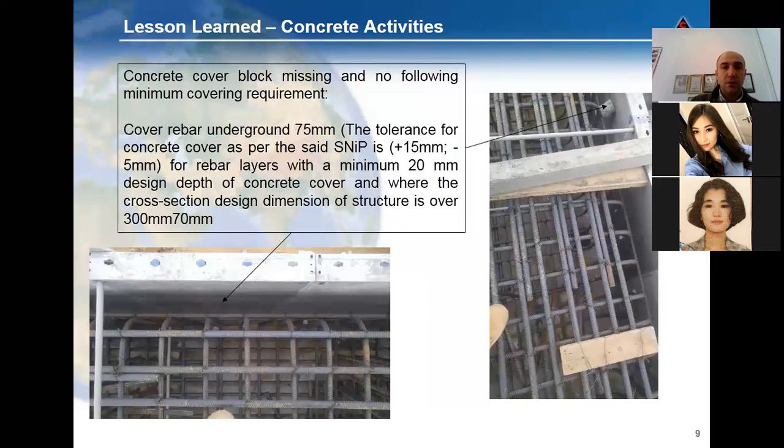A concrete cover. So the protecting concrete layer should be actually like it was recommended according to the special documents, but not less than recommended.